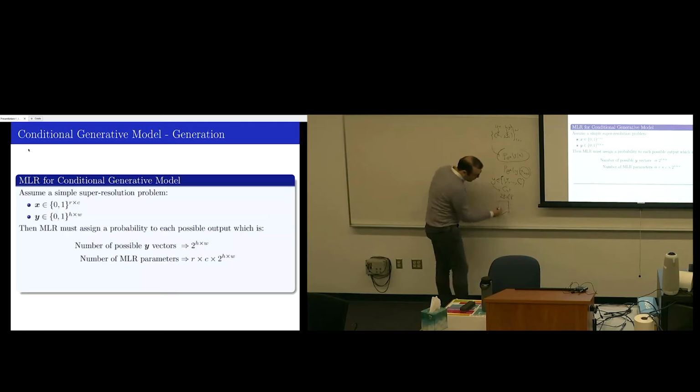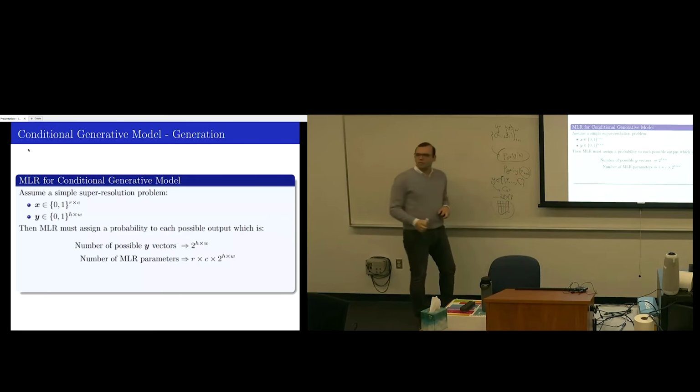For the MNIST dataset, I should provide a probability for each of the possible outputs. Do you agree? This is the task of supervised learning. You provide a probability for each of the legitimate outputs.